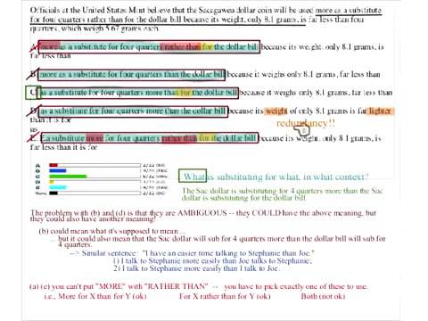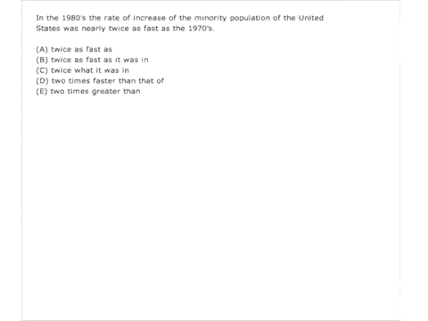So if we check out the Sacagawea problem, this is the same issue. The weight is far lighter. Let's go ahead and take a look at one more problem. In the 1980s, the rate of increase of the minority population of the United States, we need an underline here too. This starts as, the underline's right there. So the rate of increase was twice as fast.